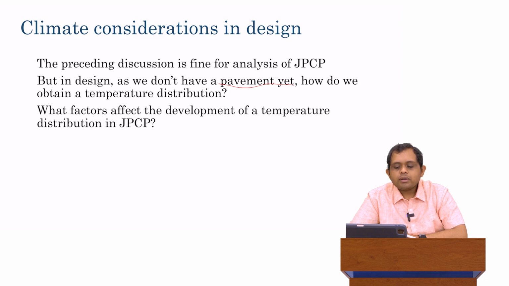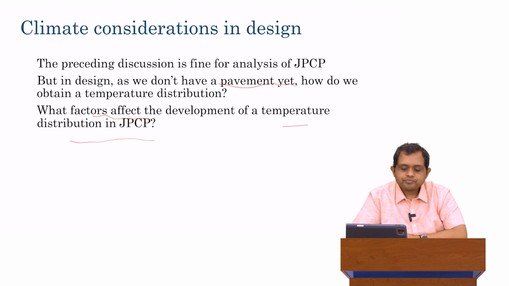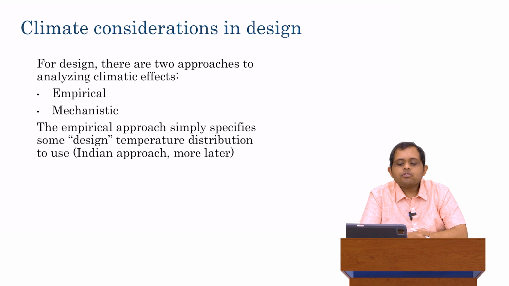So how do we obtain a temperature distribution when we don't even have a pavement? Furthermore, what are the factors that affect the development of this temperature distribution? If we have a pavement, we can simply go out and measure its temperature distribution. But if we don't have it, can we at least know what are the factors that will affect the temperature distribution?